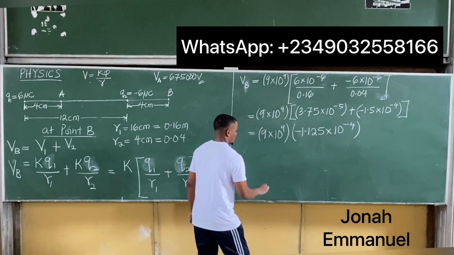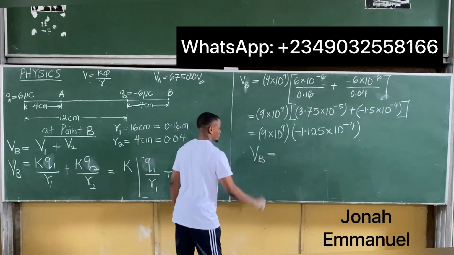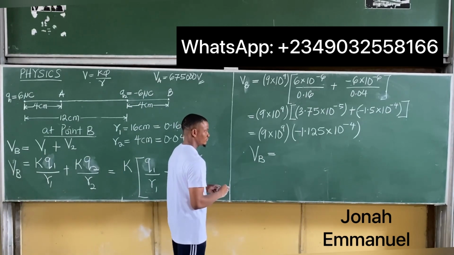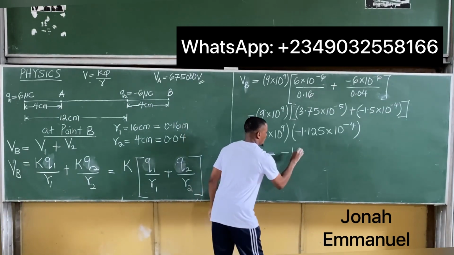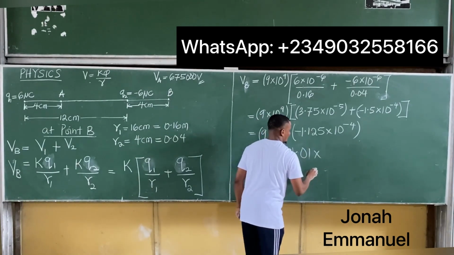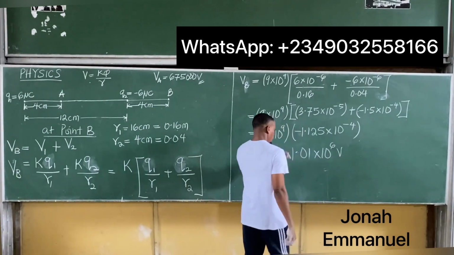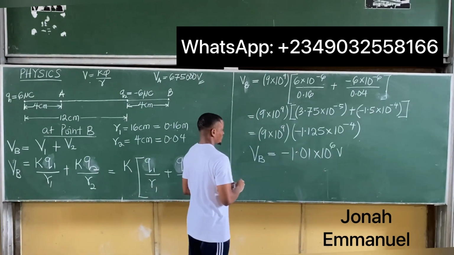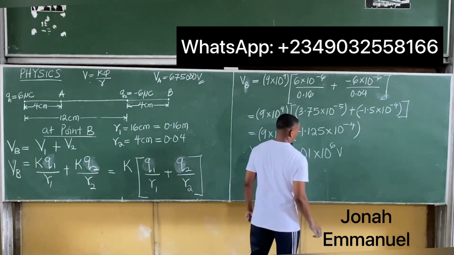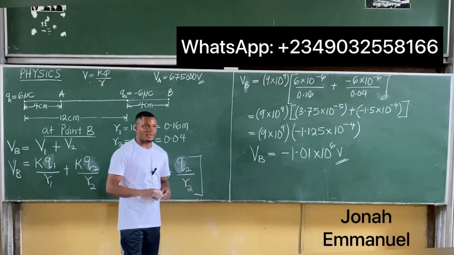Okay, help me multiply this, please. That's VB: minus 1.01 times 10 to the power 6 volts. So that's your answer.